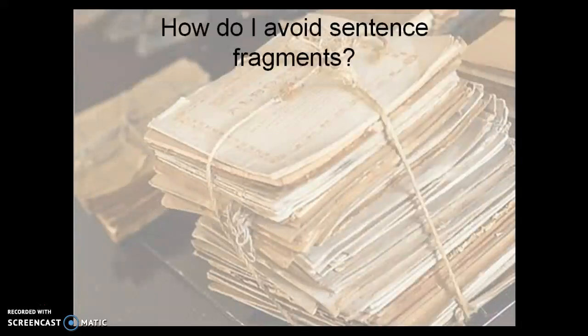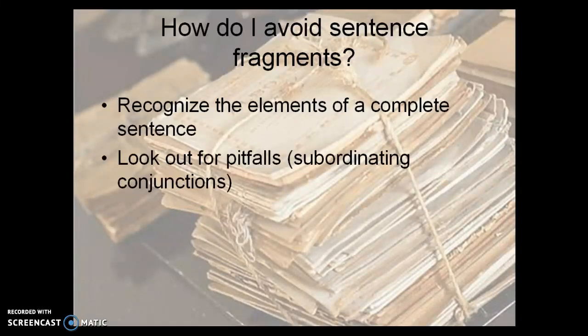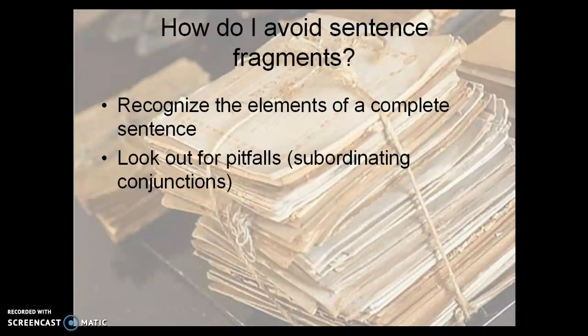So how do we avoid sentence fragments? You need to recognize the elements of a complete sentence. We need to have a subject, and we need to have a predicate with a verb in it. We need to look out for pitfalls with subordinating conjunctions beginning a sentence. If your sentence begins with a subordinating conjunction, you just need to make sure that you have a main sentence that helps it to make sense.